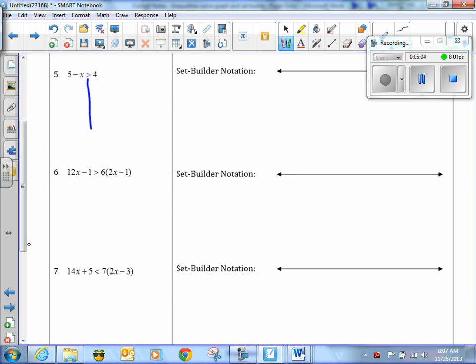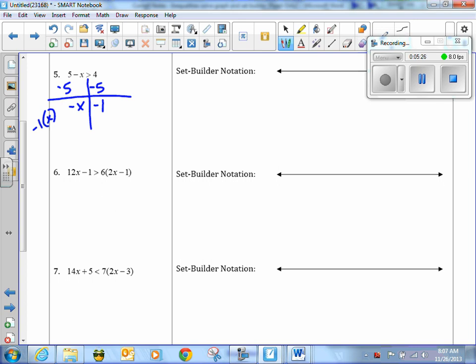Okay, here we go. We're going to subtract 5. And I have negative x, and I have negative 1. Now, that negative in front of the x, remember that's kind of like saying negative 1x, right? So that's essentially a negative coefficient.